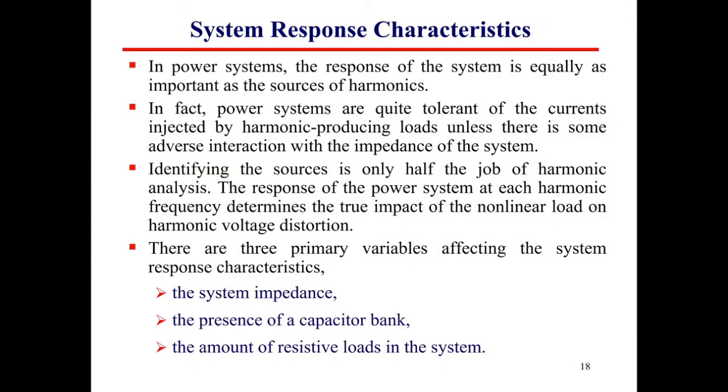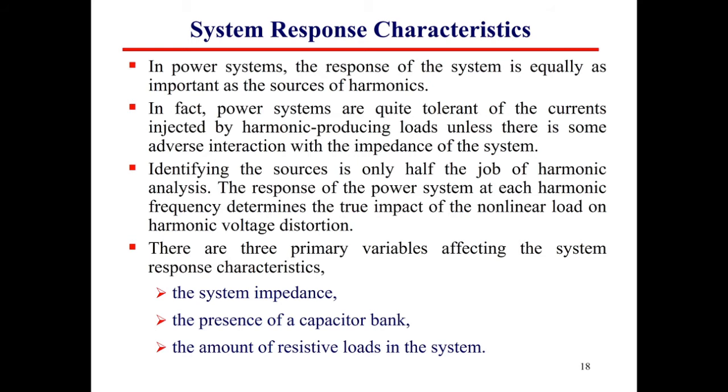Okay, system response characteristics. In summary, we know that for the series resonance, the impedance will be minimum at resonance. For the parallel resonance, the impedance will be maximum at resonance.